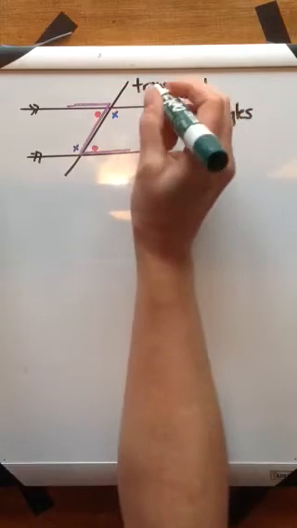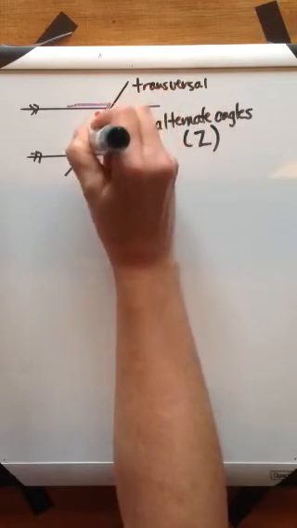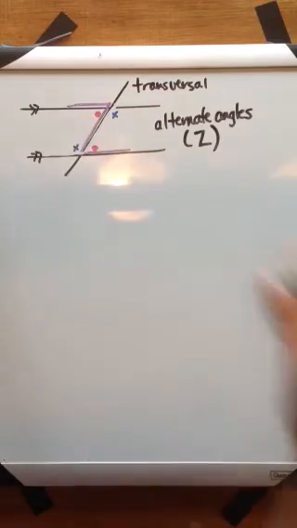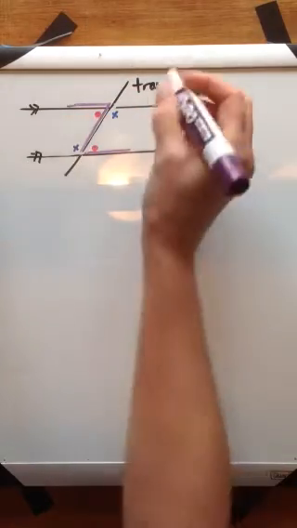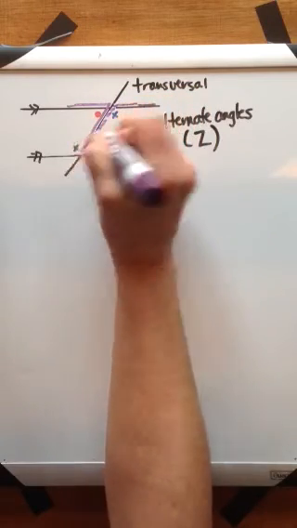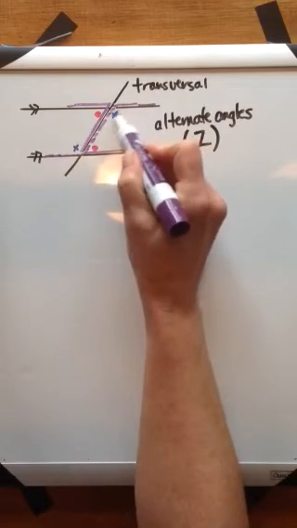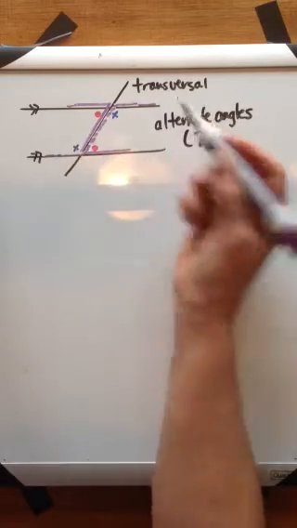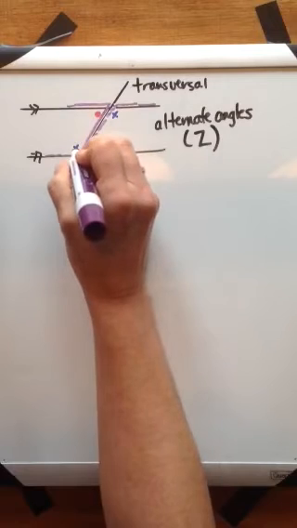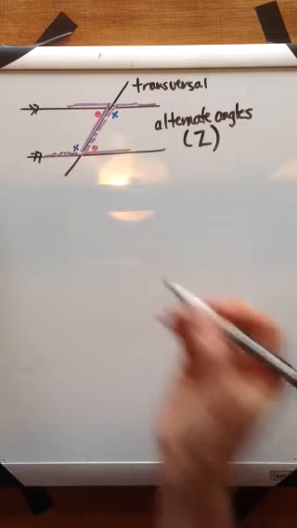So you could have a Z that goes backwards, if you will, across here and down and back out. And you would notice that the blue X's are in the same location along that Z in terms of both being greater than 90 as well. And so sometimes you have to look for that letter Z in a couple of different orientations, but you can identify angles that are the same or that are alternate by looking for that pattern.